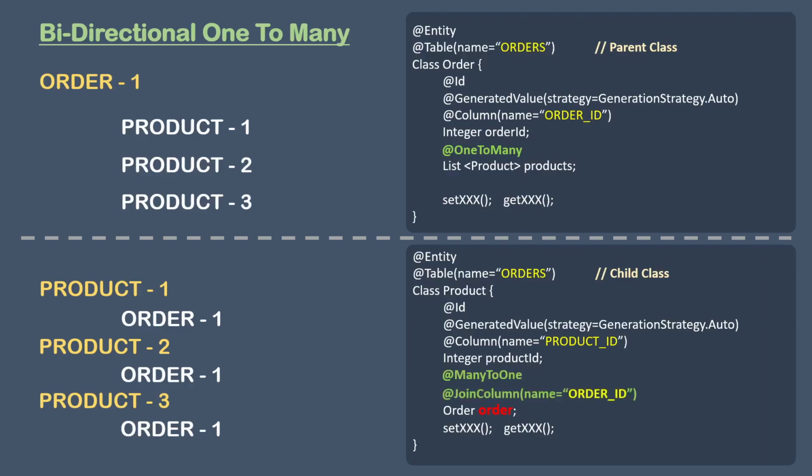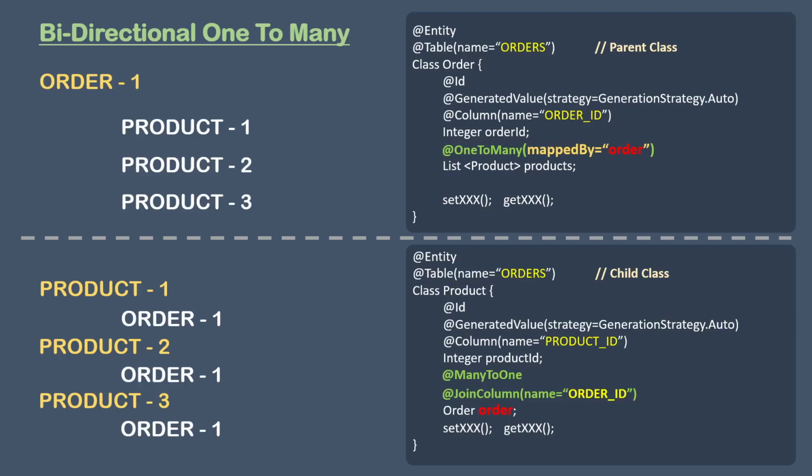Also, we will add the @JoinColumn annotation, because in bidirectional mapping, we need to add join column in the child class on top of the parent class object reference. And the very important thing is we need the mappedBy property in the one-to-many annotation, and this is how we are achieving bidirectional one-to-many relation.